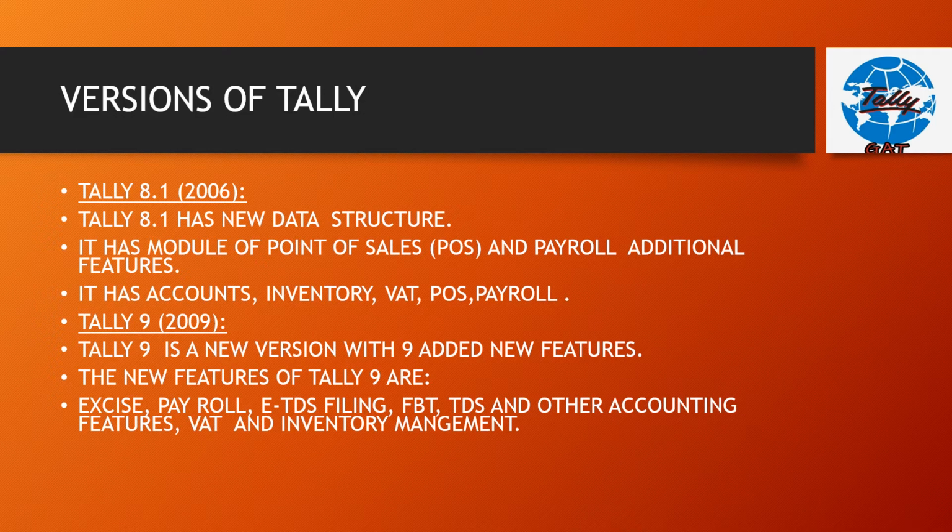Tally 8.1 version was introduced in the year 2006. Tally 8.1 has new data structure. It has module of POS, that is point of sales, and payroll additional features. It has accounts, inventory, VAT, POS and payroll features.